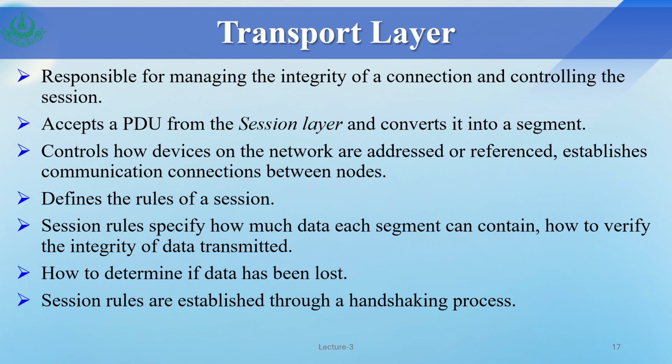Session rules specify how much data each segment can transmit, how to verify the integrity of the data transmitted, and how to determine if data has been lost during transmission. Session rules are established through a handshaking process.